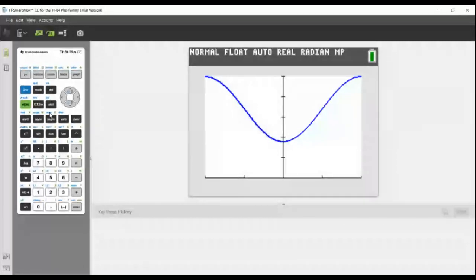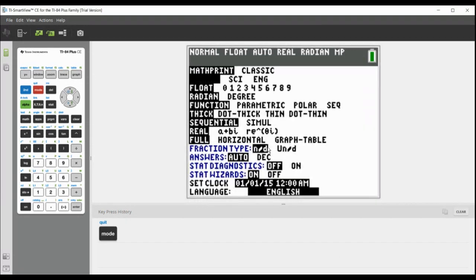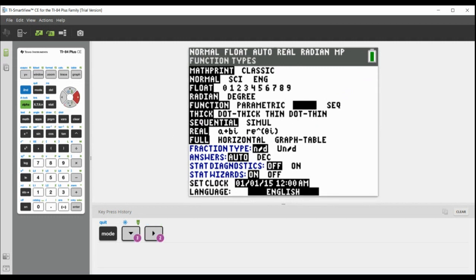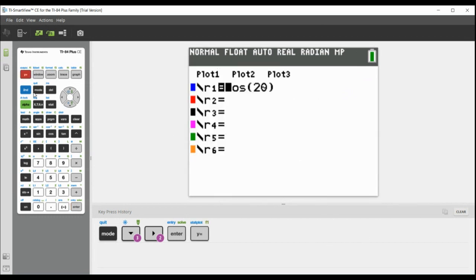Okay, so as you know here, we go to mode and put our calculator in polar mode, and then that allows us to graph our polar curves.